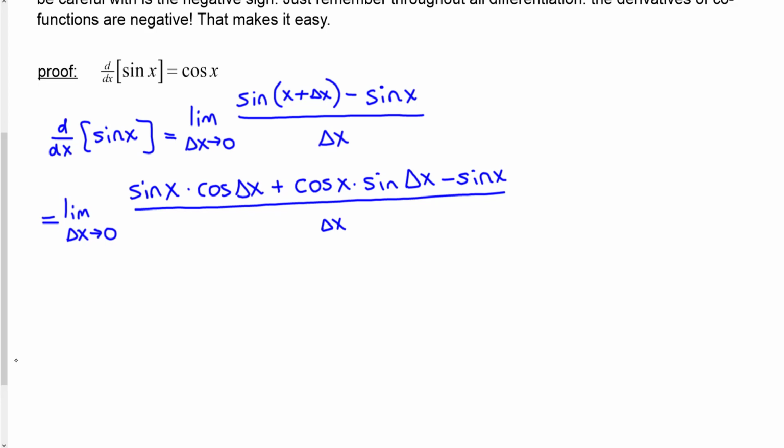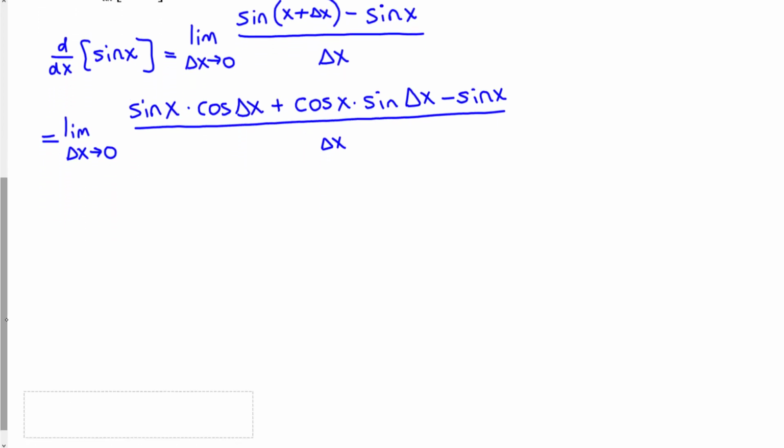Now that we have that split up, there are some similarities here. One thing that I notice is in my first term, sine x cosine delta x, and the last term, negative sine x, there's a common factor of sine x, and I'm going to group those together and factor that out. So this would be the limit as delta x goes to 0 of sine x times, if I pull that out of the first term, I'm left with cosine delta x.